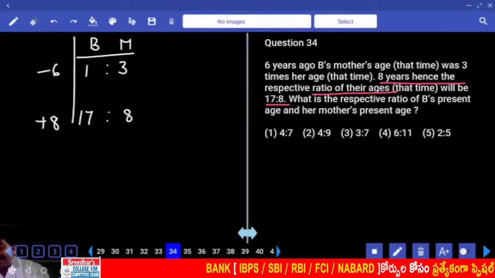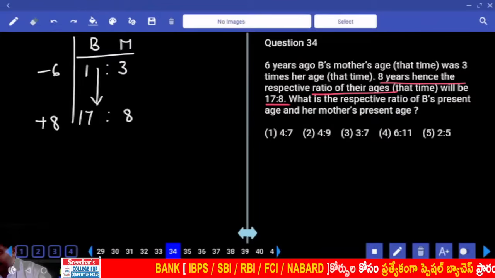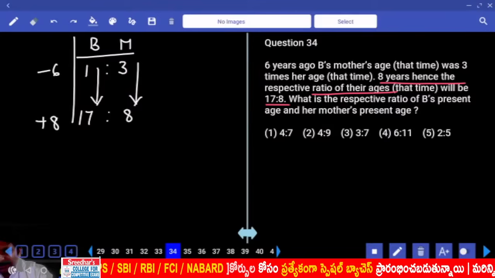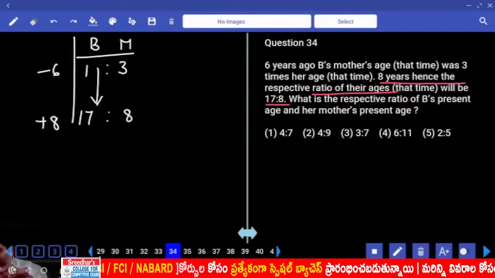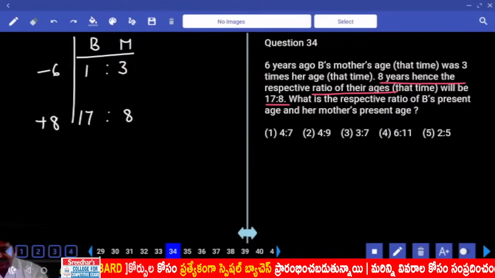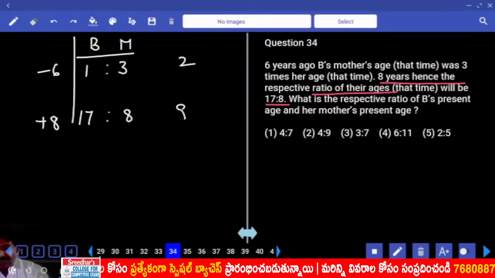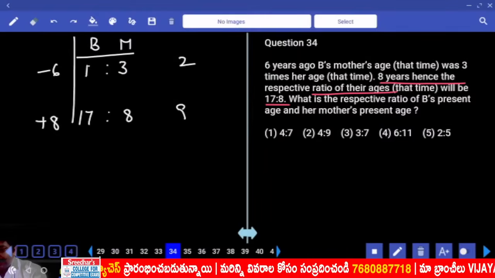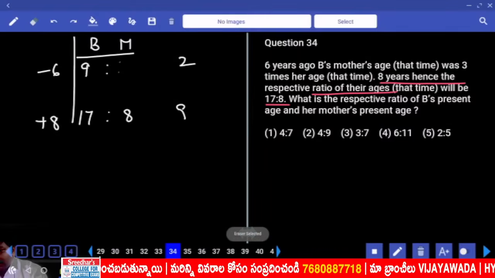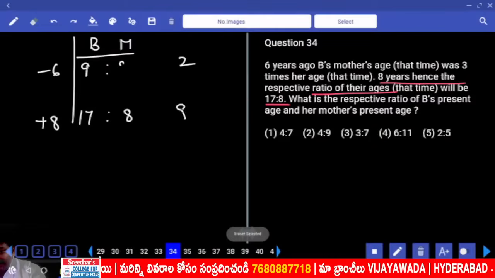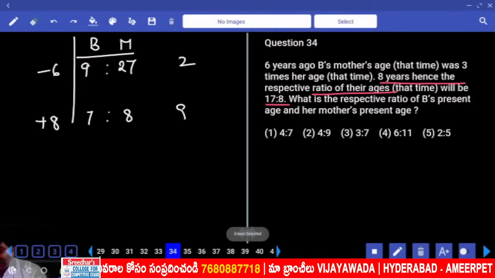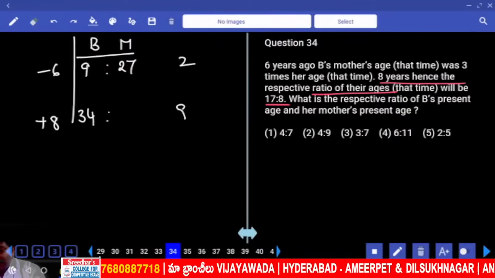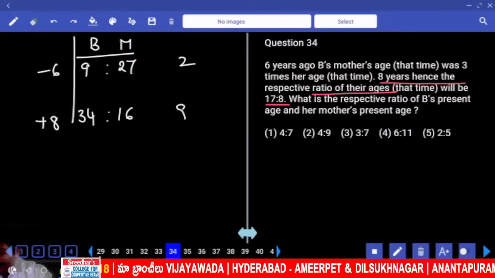B's age increased by how many parts? 16. Mother's age increased by 5 parts. They are not equal in terms of number of parts. So to make them equal, we will take the difference and go for cross multiplication. Agreed? So 1:3 becomes 9:3 nines 27. 17:8 multiplied with 2: 17 twos 34, 8 twos 16.